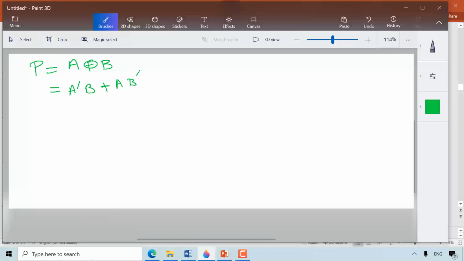So now we can use, for example, the A as a control signal for a 2-to-1 multiplexer, and generate this P signal. Or I can use the B as the control signal.